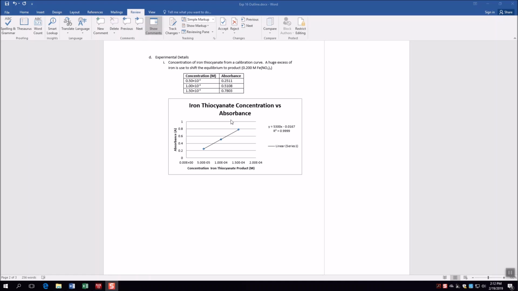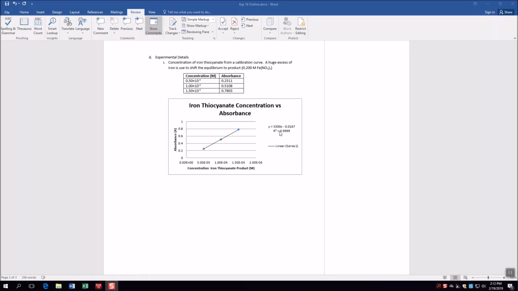You will then plot concentration on the x-axis versus absorbance on the y-axis and generate a calibration curve. This calibration curve will then be used to determine the concentration of iron thiocyanate product in a series of solutions that you'll make.